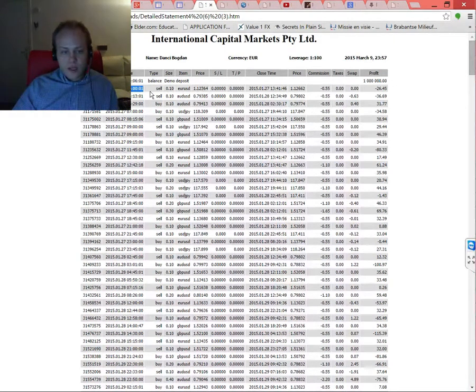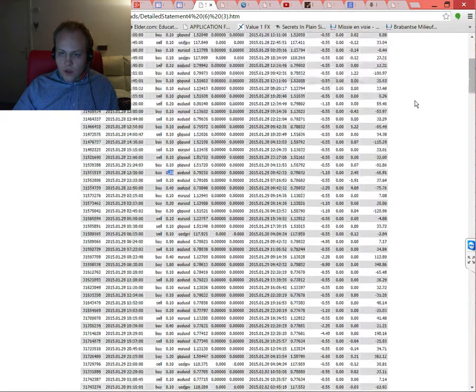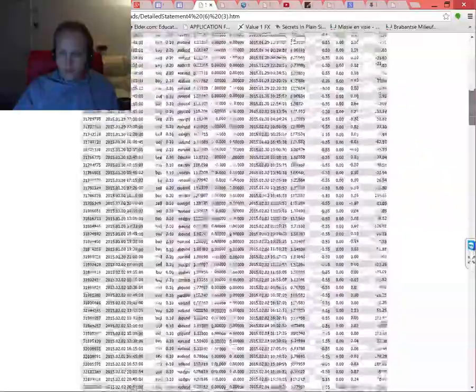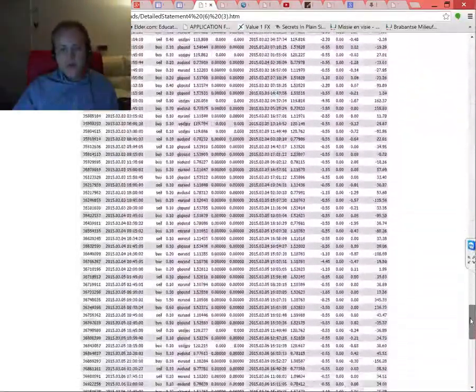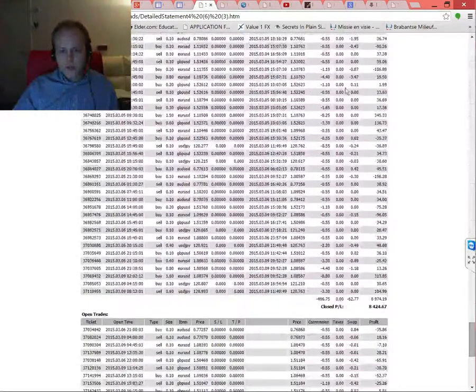You can see that it sells and buys different currency pairs with different lot sizes. I will just scroll down, so you're able to show this to someone. I selected a robot with not so many trades, because otherwise you will lose all your ink when you print it out.